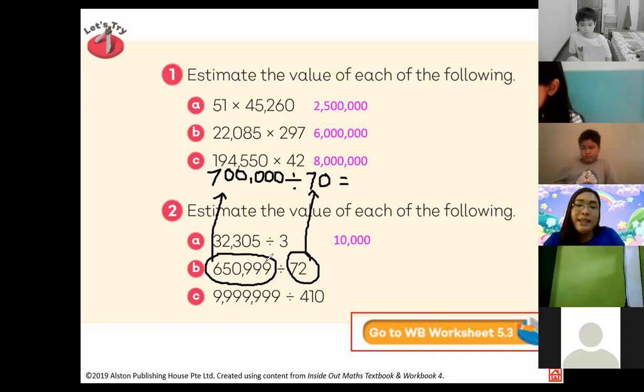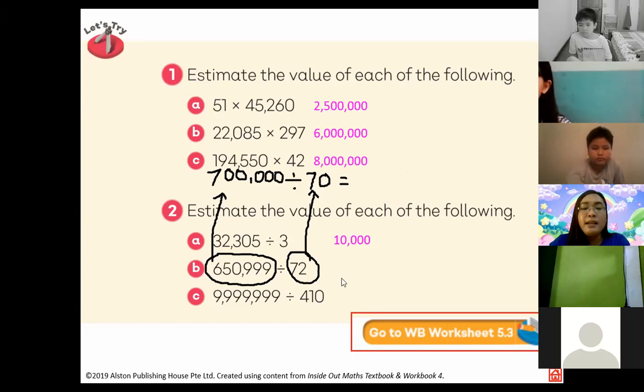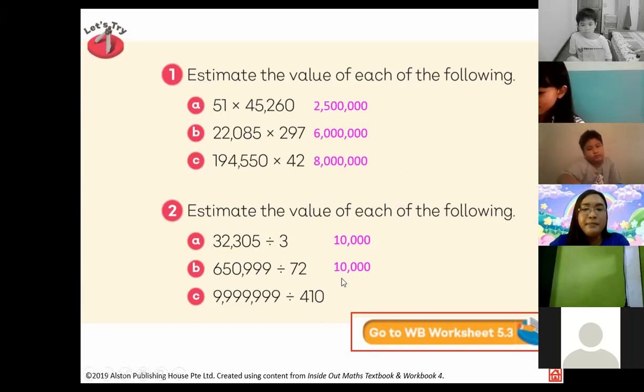All right, so I already estimated the following numbers, so we just need to find out the answer. What's the answer? 10,000. Okay, very good. So the answer is 10,000.